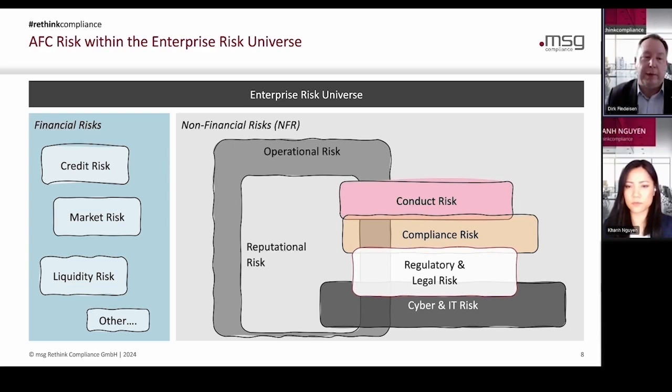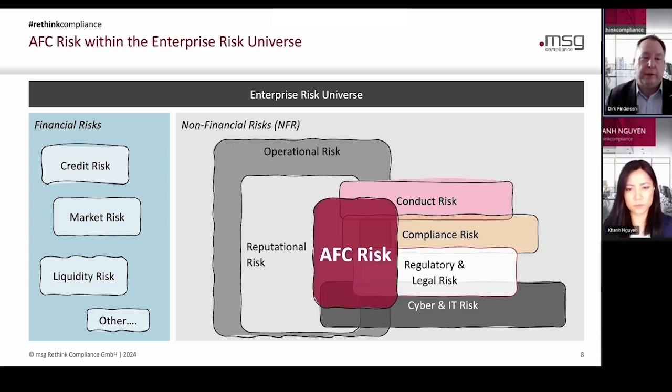And if we then think about anti-financial crime risk, you see the overlaps between reputational risk, conduct risk, compliance risk, of course regulatory and legal risk, and also cybercrime and IT risk is somehow part of the anti-financial crime risk. That gives you an idea, first of all, that there is a complexity coming with anti-financial crime risk assessment, but also that there's a need to collaborate within your organization with different other specialists to really get a holistic idea about your anti-financial crime risk landscape.